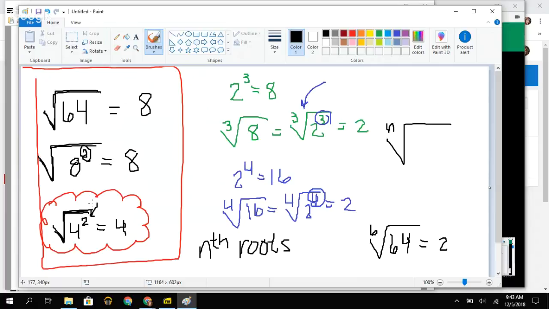We don't write it, but we actually assume that it's the square root, a root of 2. Because the square root is the most common, the one you learn first, with its relationship to the exponent of 2, we don't actually write the 2 when we do it. But there is the possibility to take the 3rd root and the 4th root and the nth root and so forth.